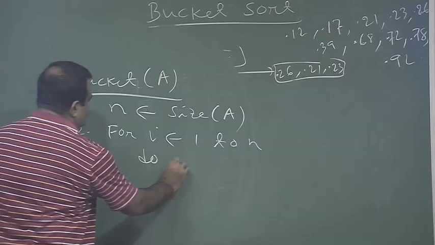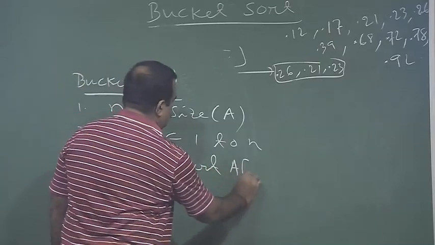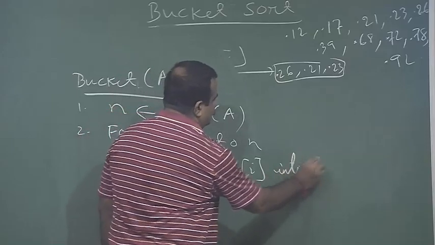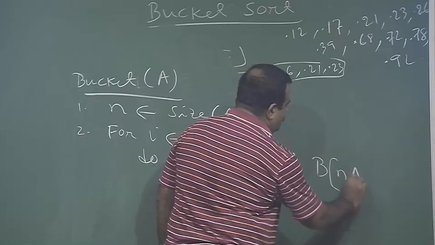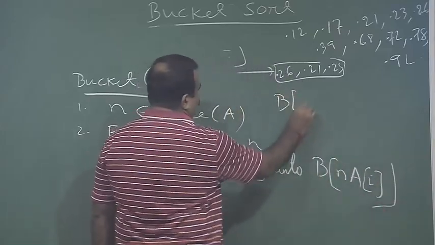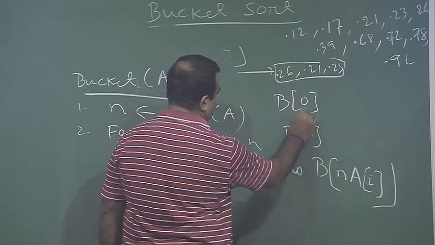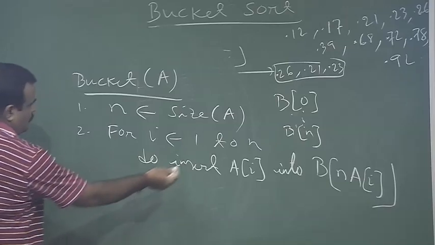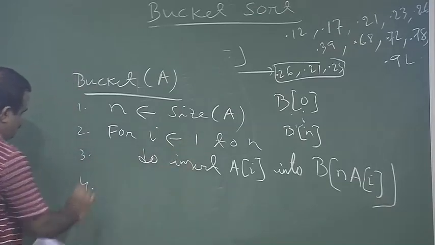We are inserting A i into B of n A i. Okay. So, we have buckets B 0 up to B n, so we basically have n buckets.